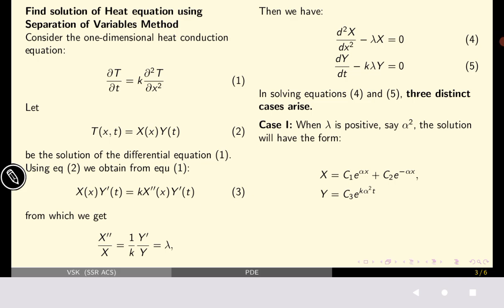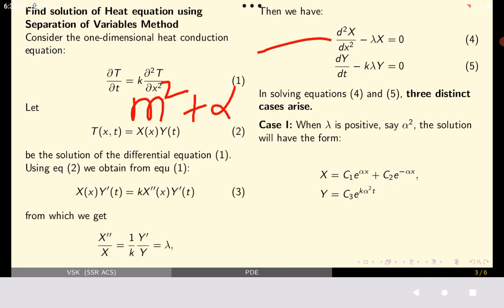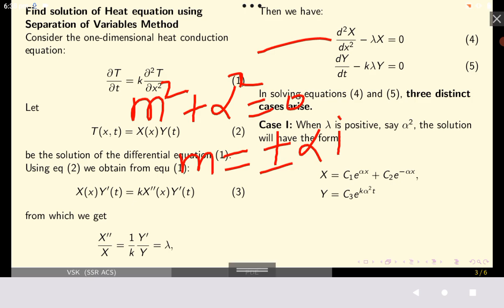Here, as in case number 1, it becomes m square, and this lambda is minus alpha square, so it becomes m square plus alpha square equal to 0. So this gives m equal to plus minus alpha i.